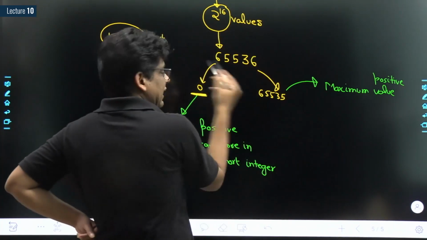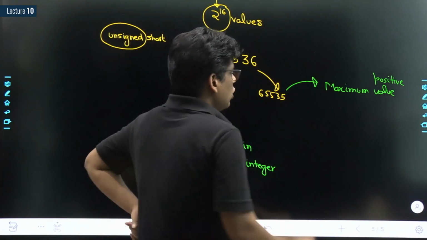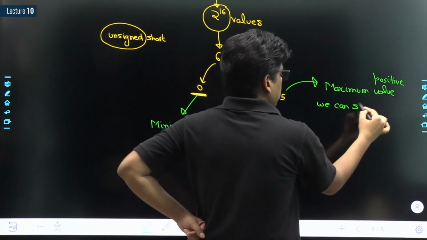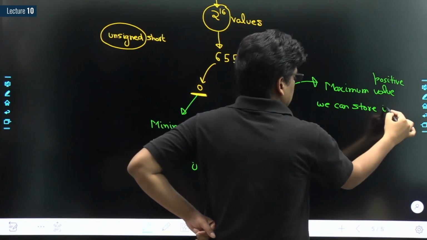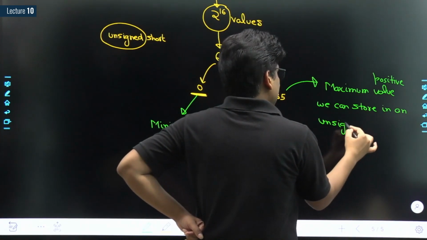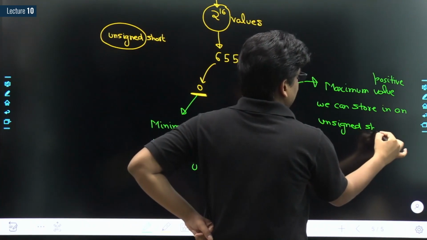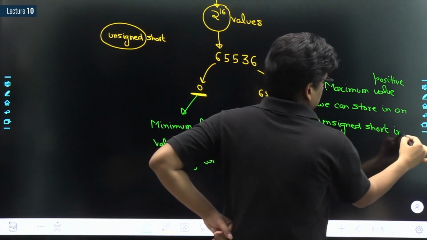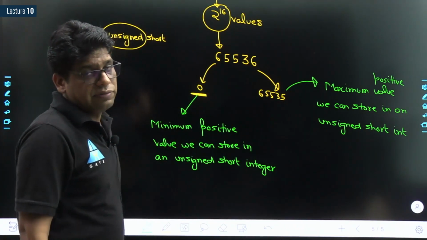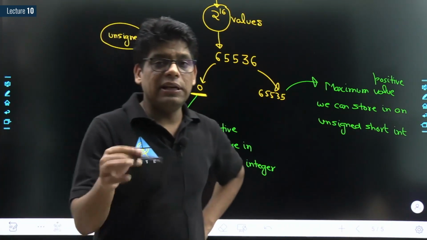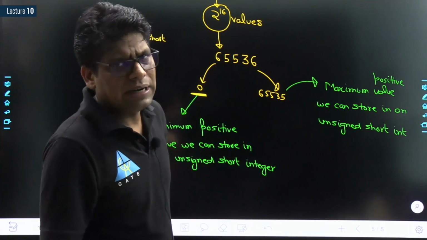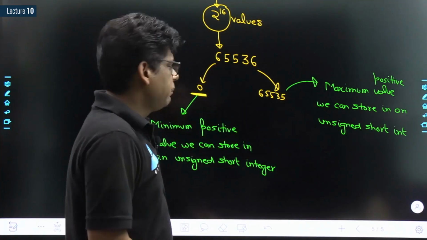See, if it is unsigned, that means we are working upon positive values. So this is the maximum positive value we can store in an unsigned short int, provided we are assuming that short int takes 2 bytes of memory. Things will be different if someone says that short int is taking 4 bytes. We have a different calculation for that. I have already covered it in previous lectures.